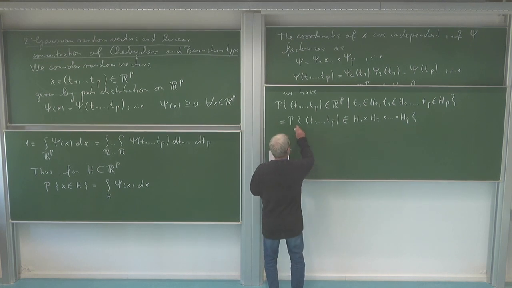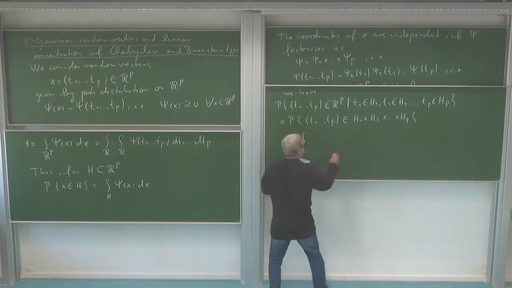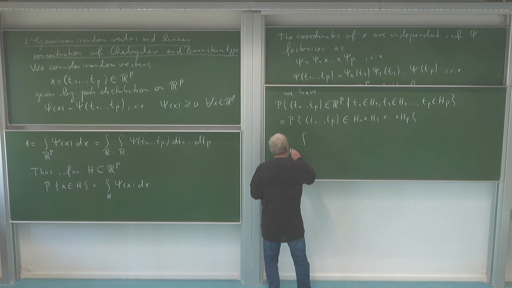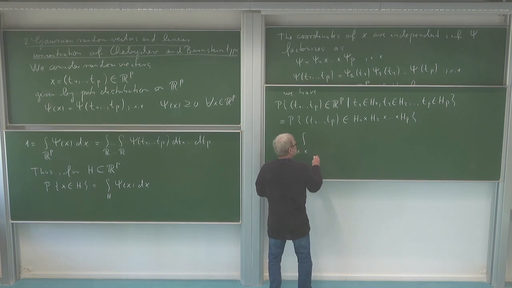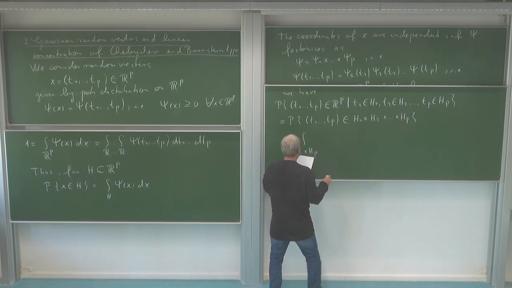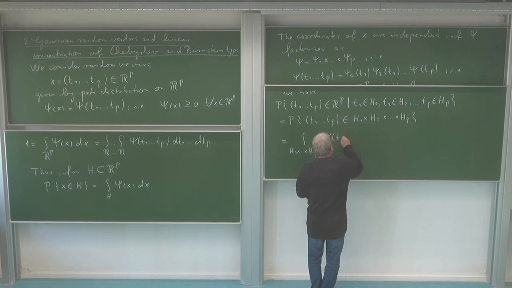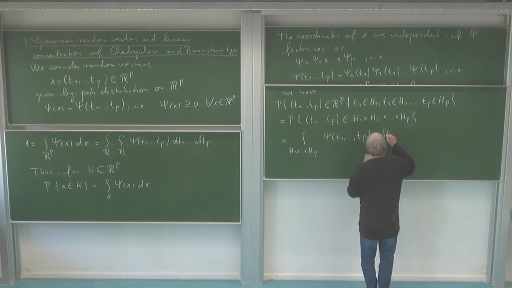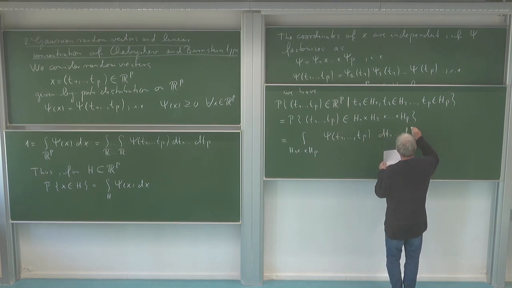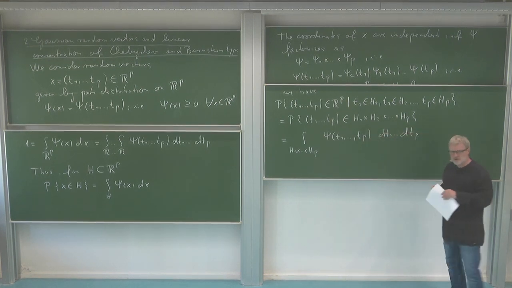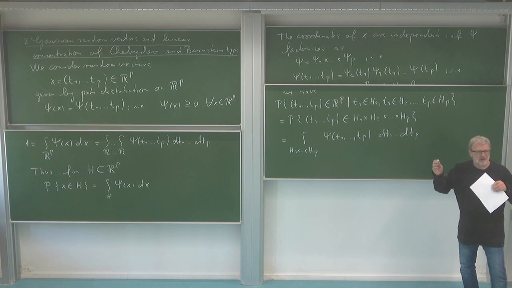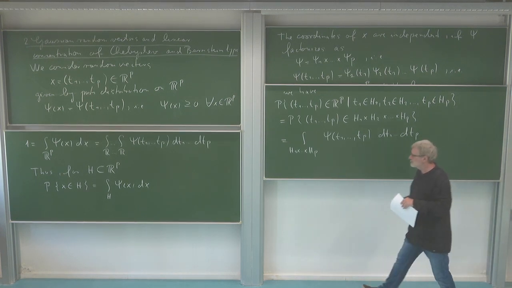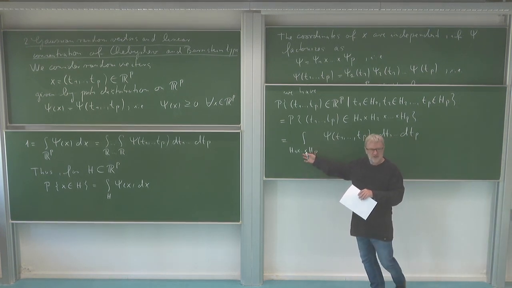This here is now the integral over this set, H1 times up to Hp, and I'm integrating over psi of t1 up to tp, dt1 up to dtp. That's my general formula, and if I don't know anything else about psi, of course, it doesn't make a difference whether I integrate over such sets or not.